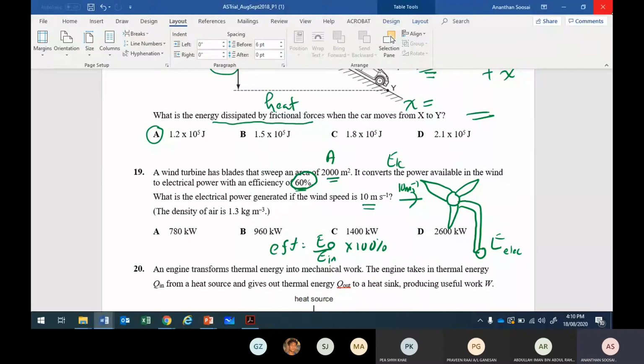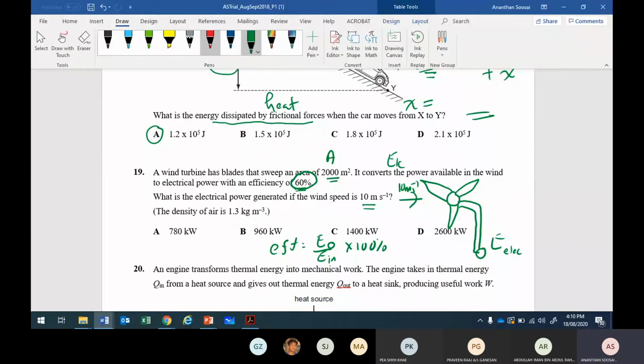We can go output over input power, but I think energy is better because all are energy. So efficiency is output over input times 100%. So what is the efficiency for this case? I write this formula here. Efficiency is 60%, and what is the output energy?